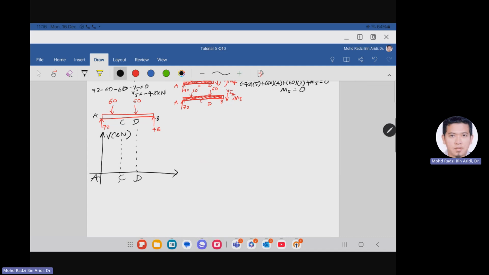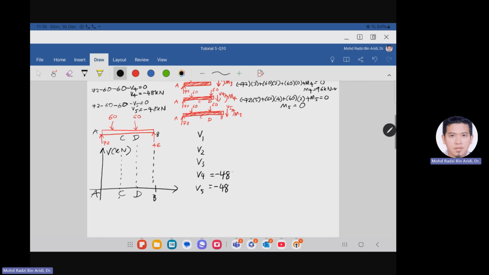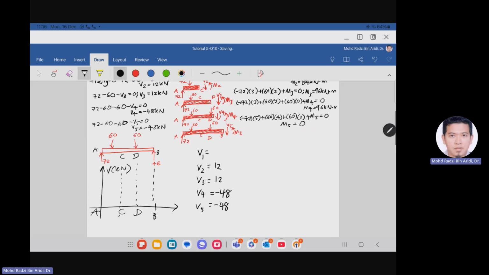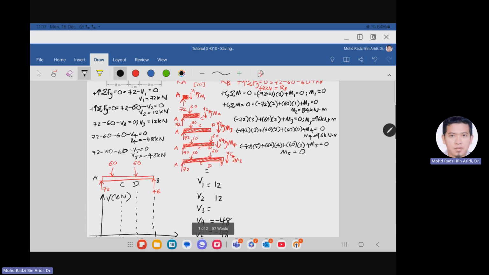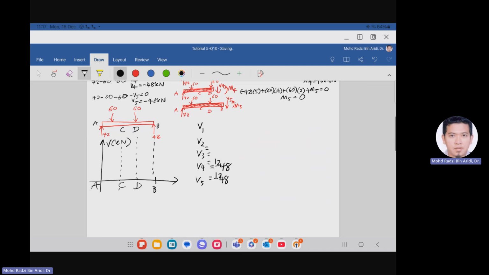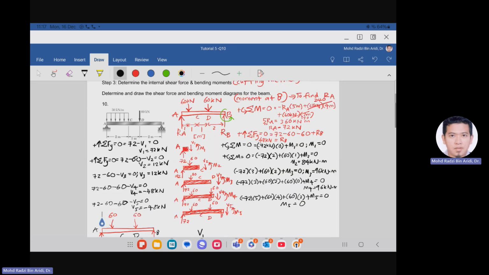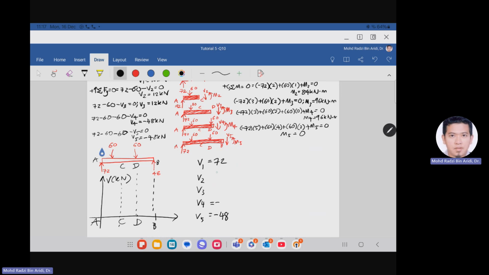This is A. This is B. So V1, V2, V3, V4, V5: V1 is 72, V2 is 12, V3 is 12, V4 is negative 48.